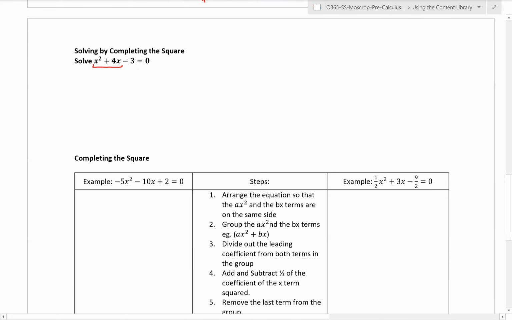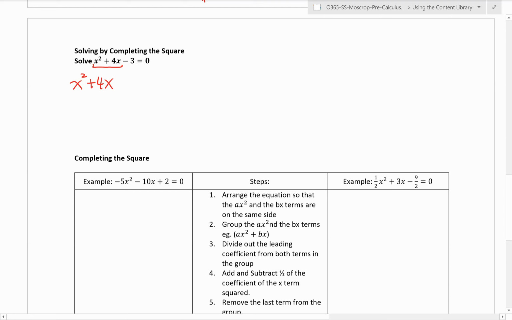And then here is the key right here, step 4. It says add and subtract half of the coefficient of the x term squared. I don't know if you understand that, but I'll show you. So what we're going to do is put x squared plus 4x, those are the same.